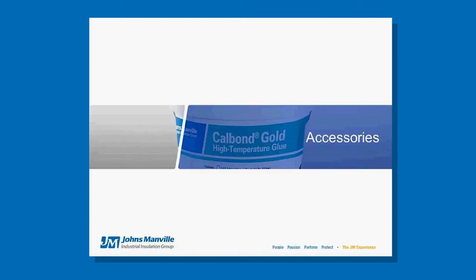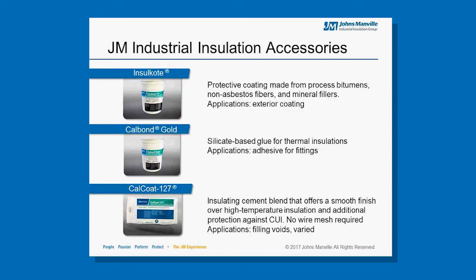Moving to accessories, Johns Manville produces 3 types of accessories. Insulate is a protective coating that typically goes on the exterior of the insulation material to protect both the insulation as well as the pipe. Calbond Gold is an adhesive that's typically used to make fittings, mitered elbows, T's, etc., where you glue the components together in order to have a solid fitting for your application.